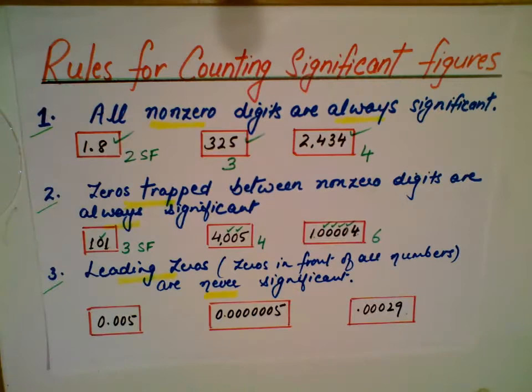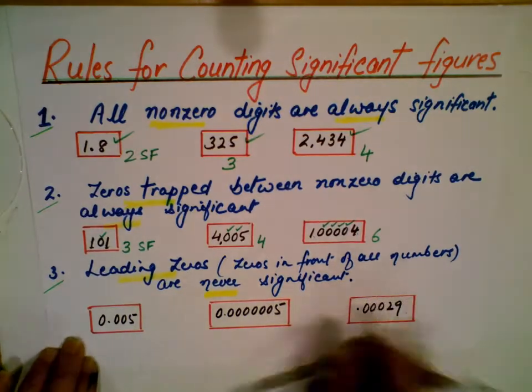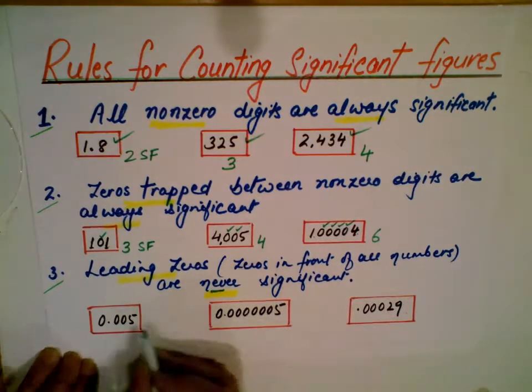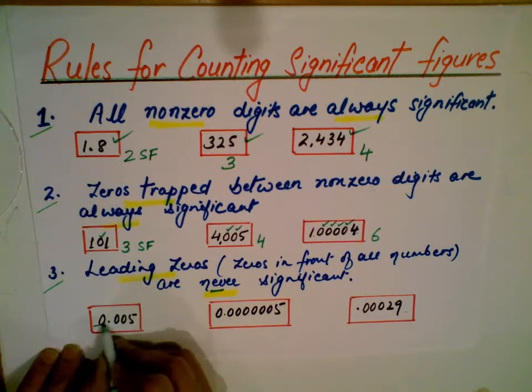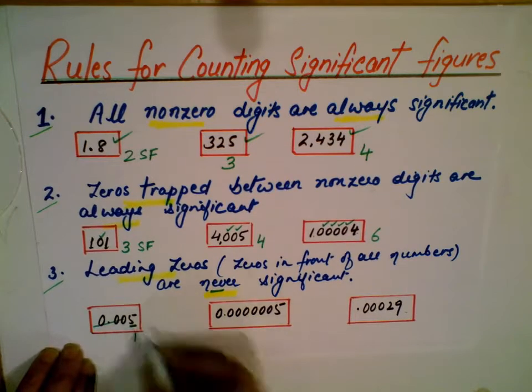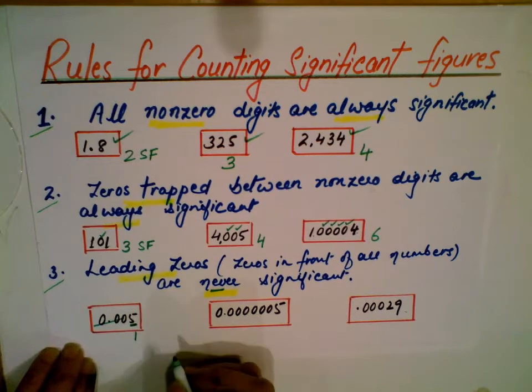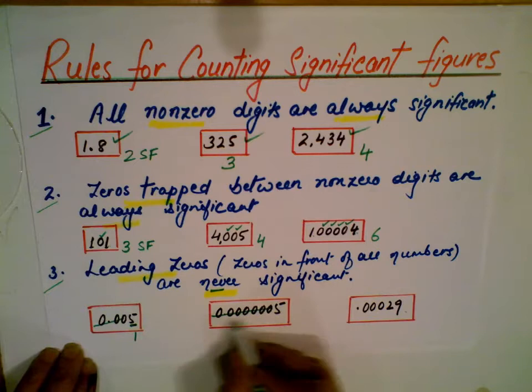Now leading zeros are the zeros in front of all the numbers, and they are never significant. They are just like placeholders. So here you cross it out, 1. This is the only digit which is significant. Here you cross these out. No matter how many zeros you write in the front, the leading zeros are not significant.